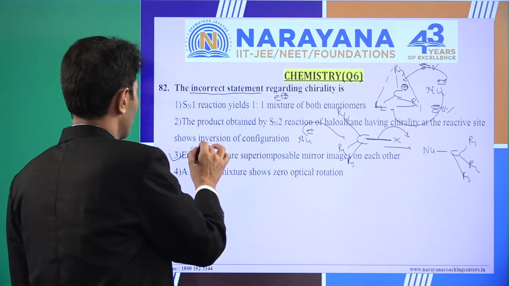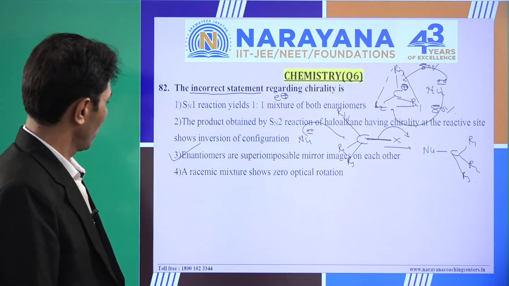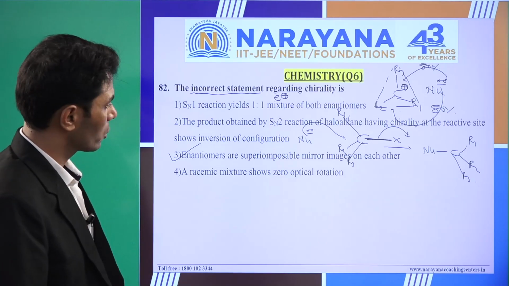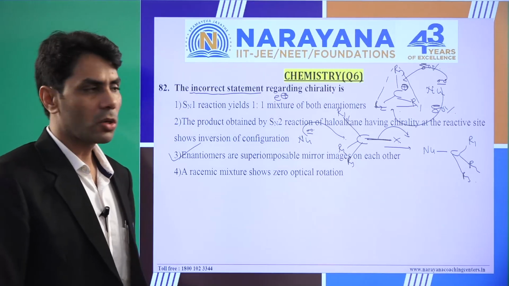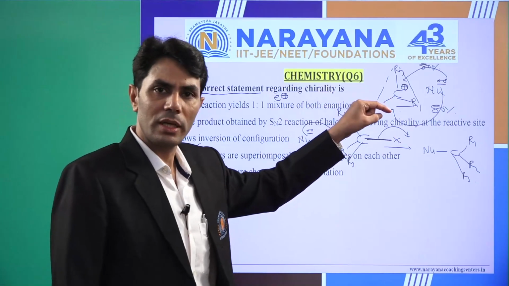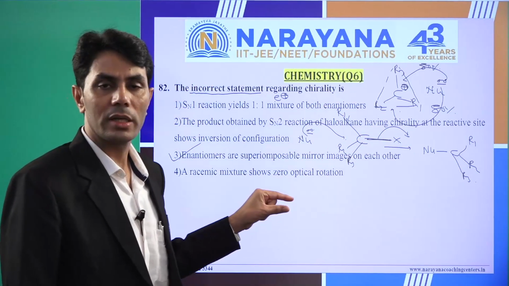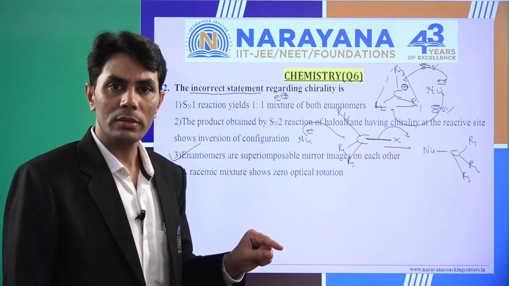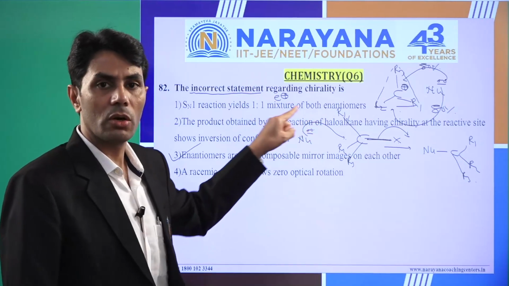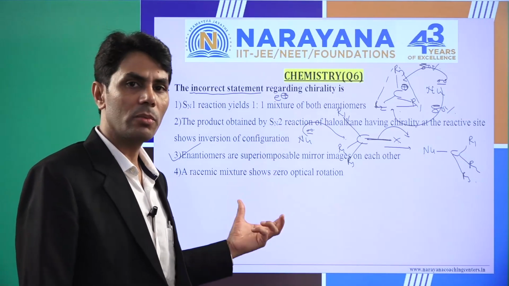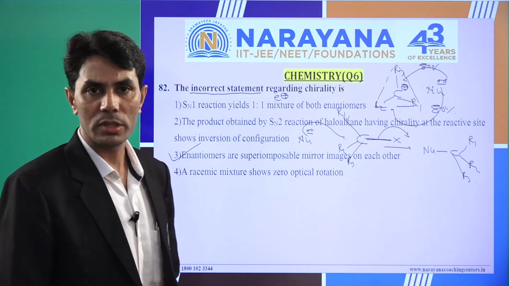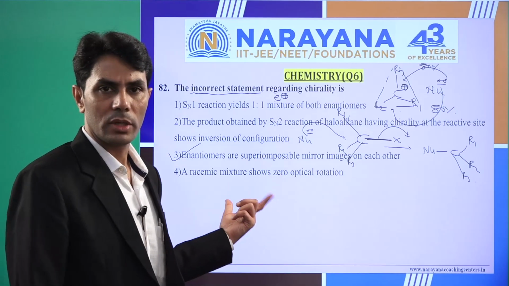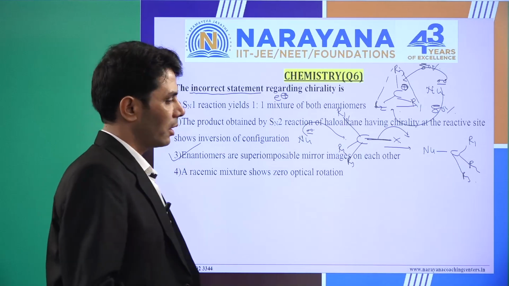So the incorrect statement is the third one, right? Now what is the fourth one? A racemic mixture shows zero optical rotation, obviously, because 50% D form, 50% L form. A racemic solution is what? It is a 1:1 molar solution of enantiomers, meaning equimolar concentration of the enantiomers. So obviously it is optically inactive, right? So the incorrect statement is third.